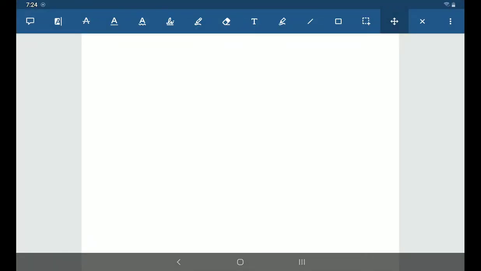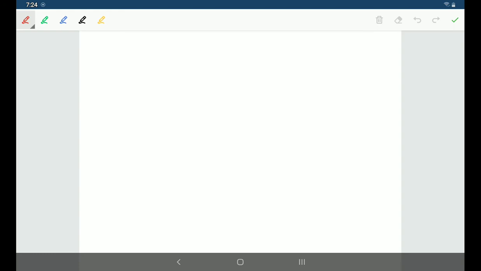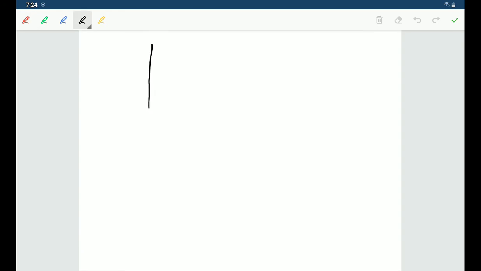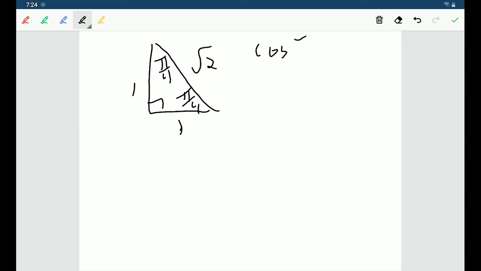Now, conveniently enough, we've seen this before time and time again. Root 2 over 2 comes from our 45, 45, 90 triangle, where the side lengths are 1, 1, and root 2. And so easily enough for us to find that cos of pi over 4 is root 2 over 2. Now, we also have quadrants to consider here.